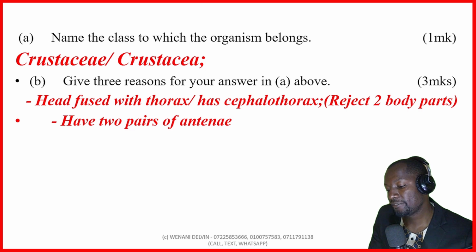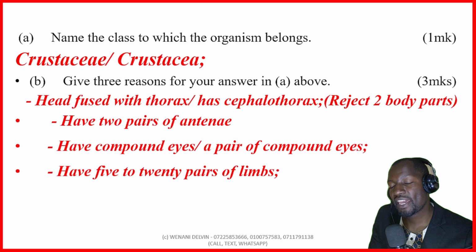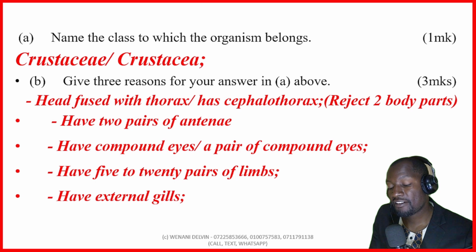It has a pair of compound eyes. It has 5 to 20 pairs of limbs. And it has what we call external gills. Look at that one, you see it has external gills.